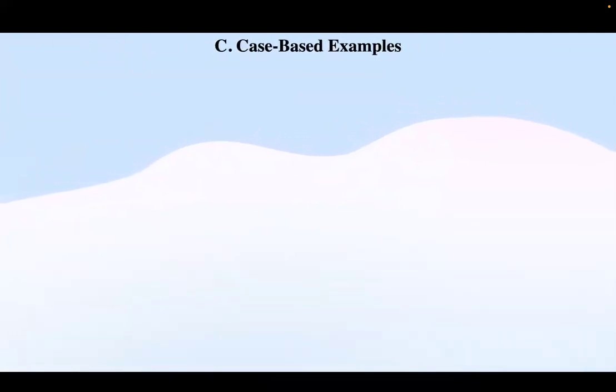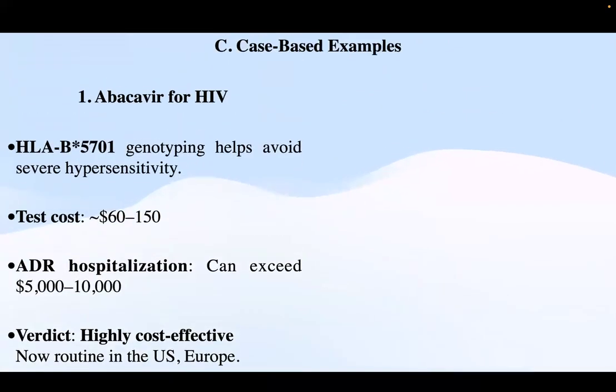And third, we have a case-based example to learn this. For example, abacavir for HIV. This is an antiviral agent which is widely prescribed for HIV. We need to check the HLA-B*5701 genotype variant, which helps to avoid severe hypersensitivity. The test cost for HLA-B is about $60, maybe varying between $60 to $150.